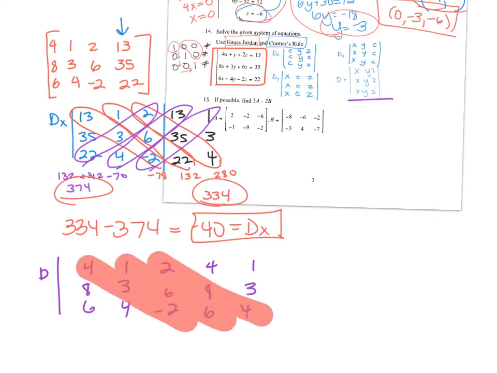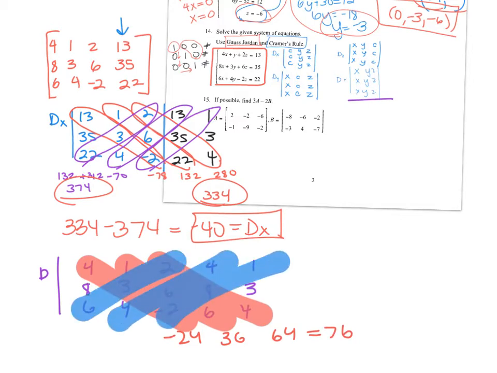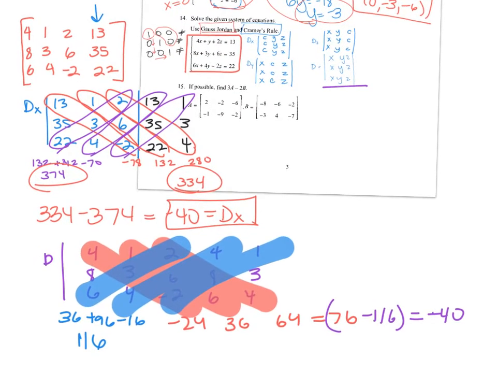I'm going to go this way first, and then come back this way. So 76 minus 116 is negative 40.